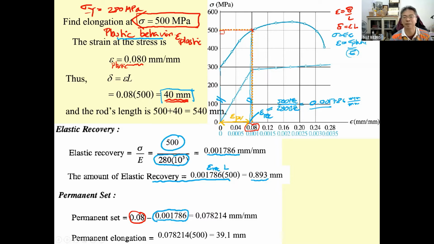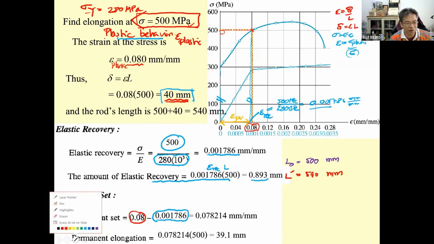The permanent elongation is the permanent strain times the length. The length of our rod starts at 500 millimeter, that is L original. Later, under the stress of 500 megapascal, it is 540 millimeter.